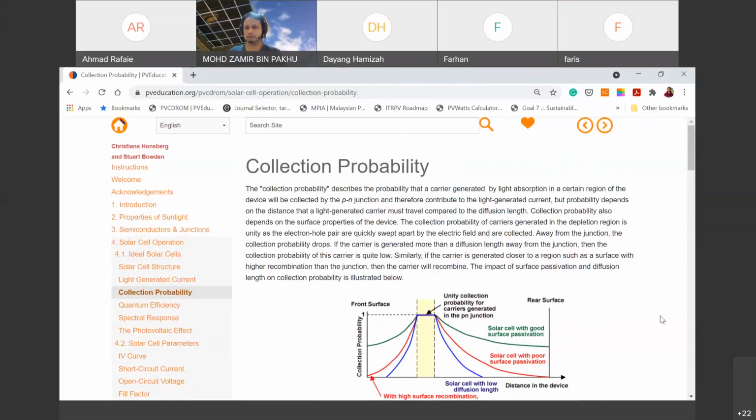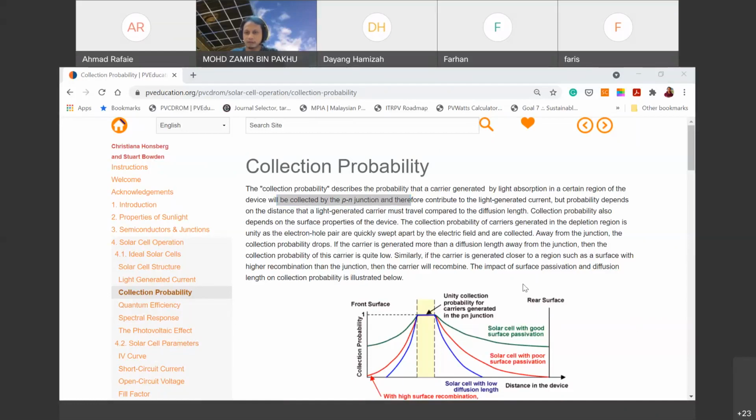Let me just go through the sentences and recap what we've learned in the illuminated PN junction. Collection probability describes the probability that a carrier generated by light absorption in a certain region of the device will be collected by the PN junction.